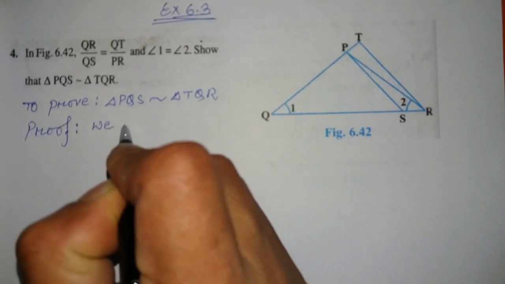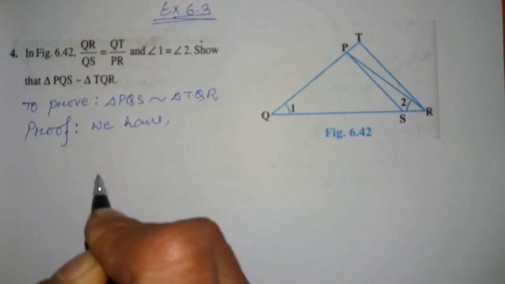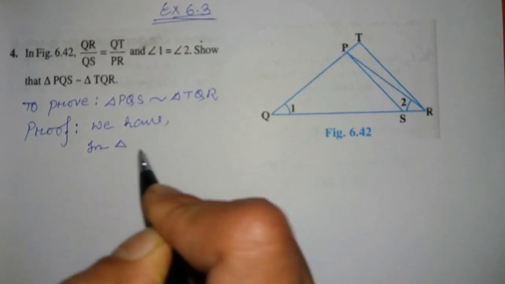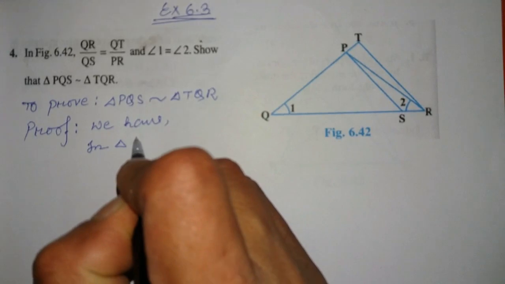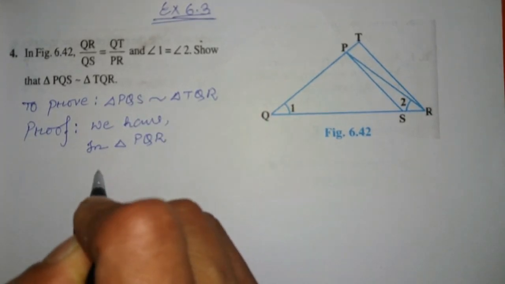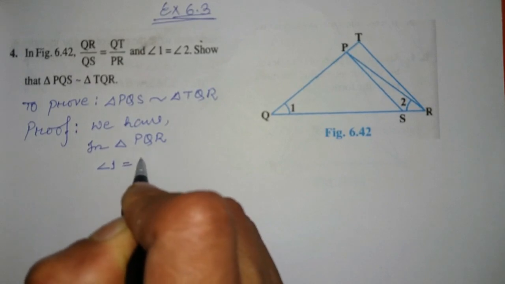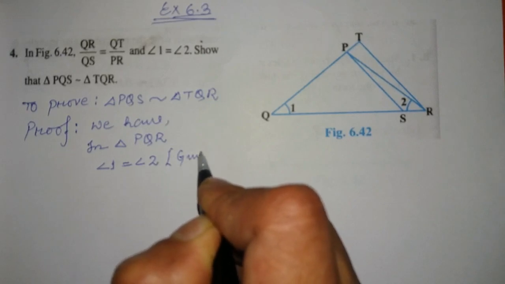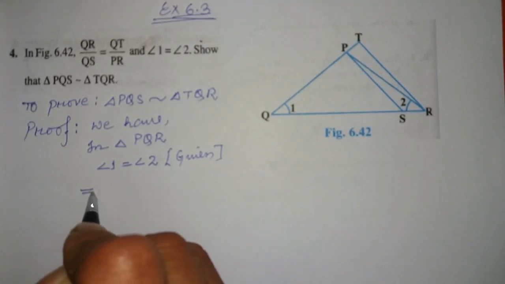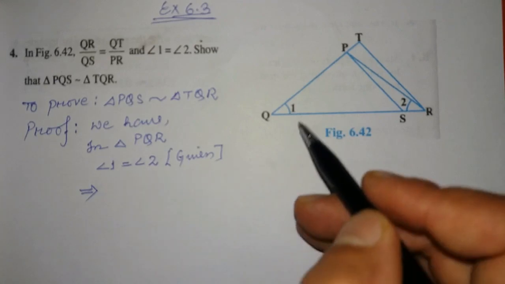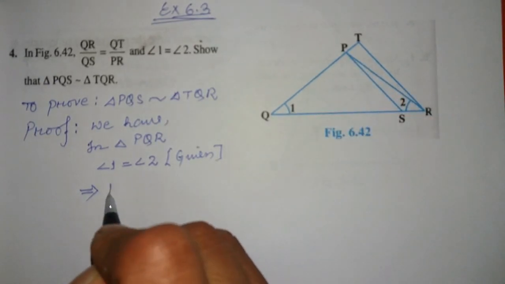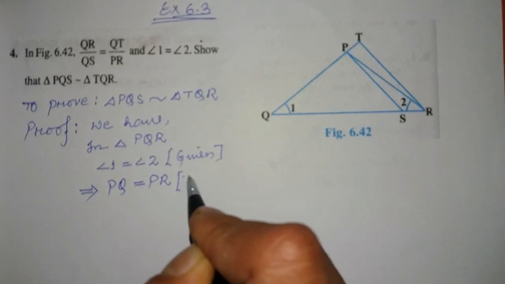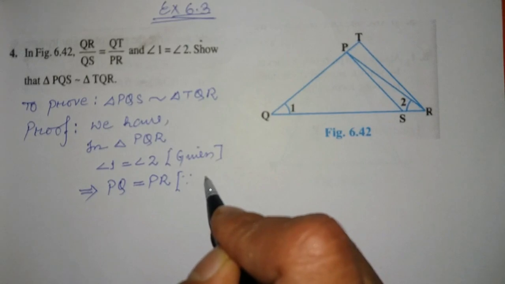Proof: we have in triangle PQR, angle 1 is equal to angle 2. This is given. This implies that, since these two angles are equal, PQ is equal to PR. This is since the opposite sides of equal angles are equal.